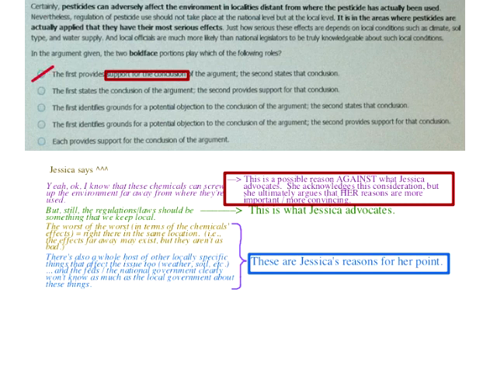So definitely not that. The first states Jessica's conclusion, well, hardly. It's actually a concession to the other side. Grounds for a potential objection, that is absolutely what that is. Here's why the other people might think what they do think.